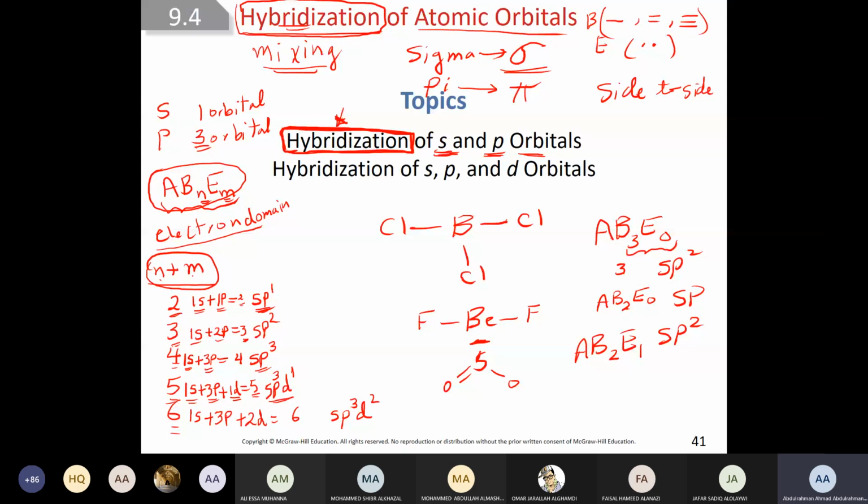And let's continue. How about if I have P, F? Then what's the electron domain?